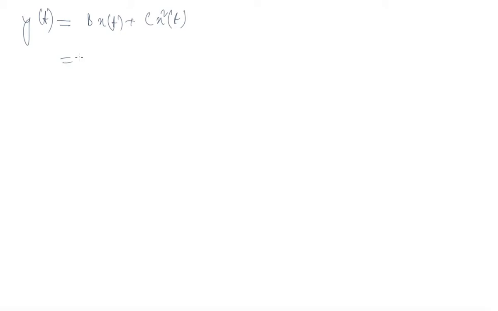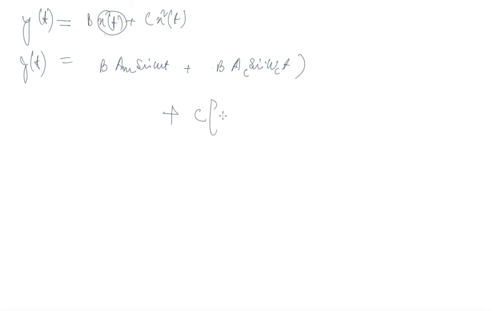If you put the value of x, for the carrier and for the signal, you will have y of t equal to b Am sine omega mt plus b Ac sine omega ct, plus c, which is squared, so we square the whole thing. Taking common, c times Am square sine square omega mt.